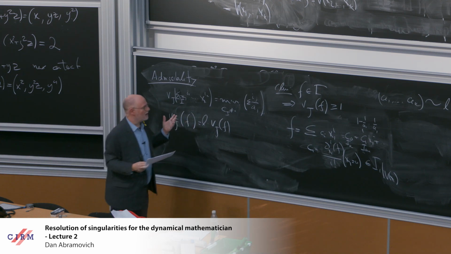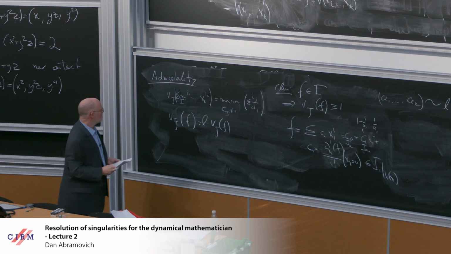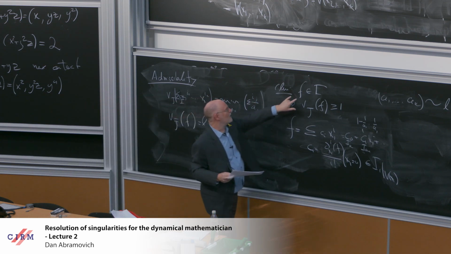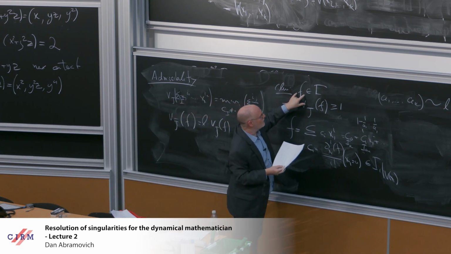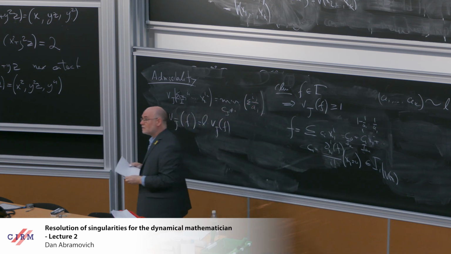This is somehow the way we come up with such a thing. With Taylor expansion, you realize that this center has the property that the evaluation of every element of the ideal is at least 1.